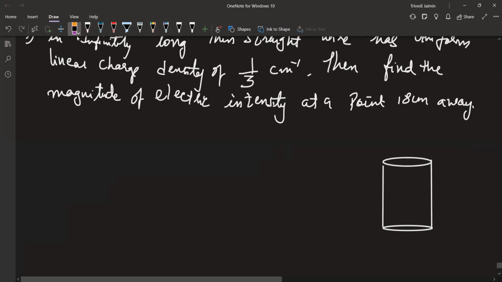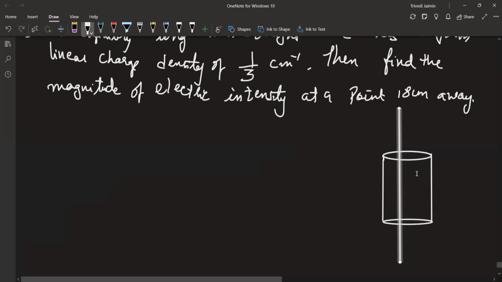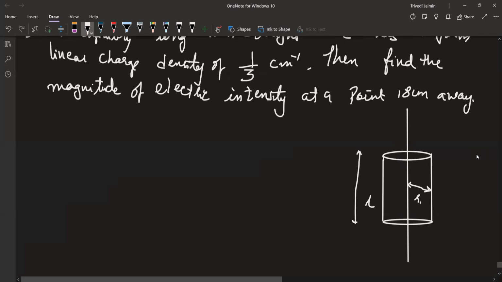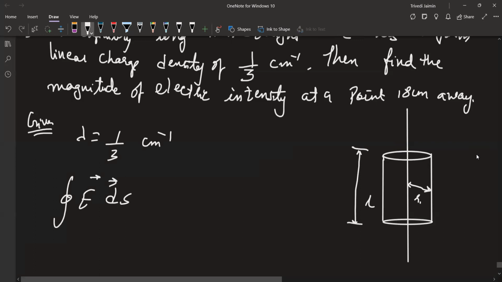Okay. This is distance r, let's assume, and this is length L. So given lambda equals 1/3 centimeter inverse. So E·dS equals Q by epsilon naught.